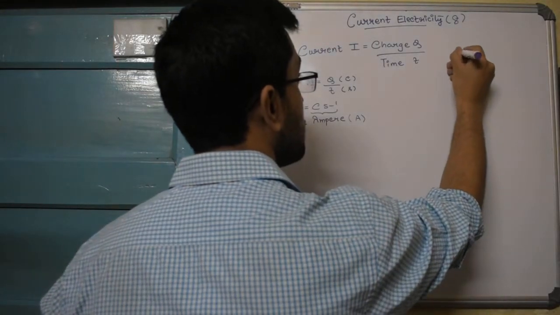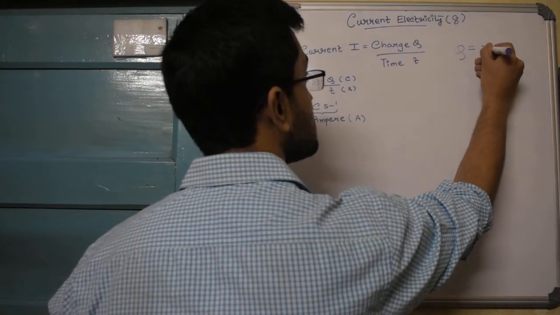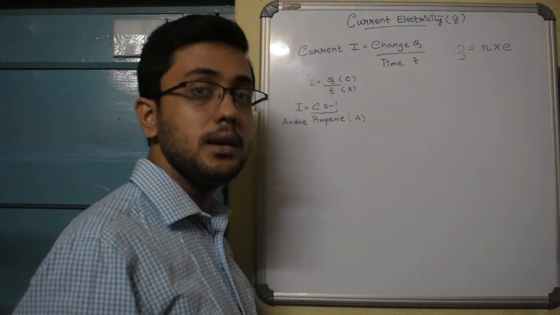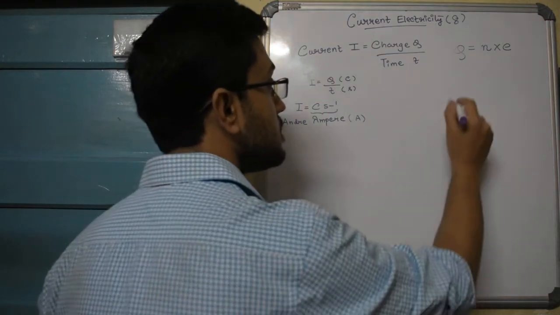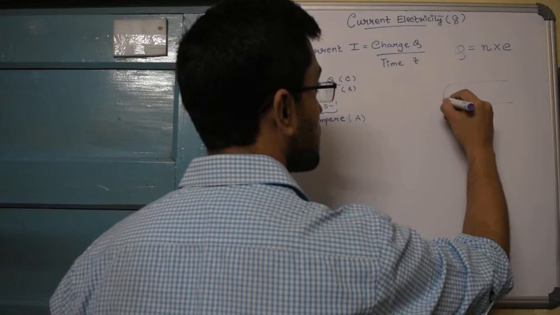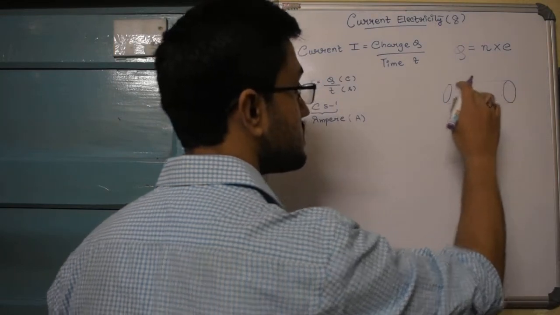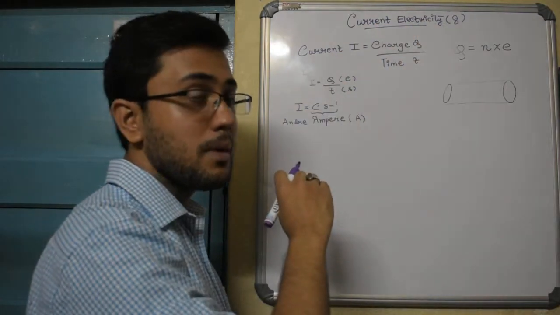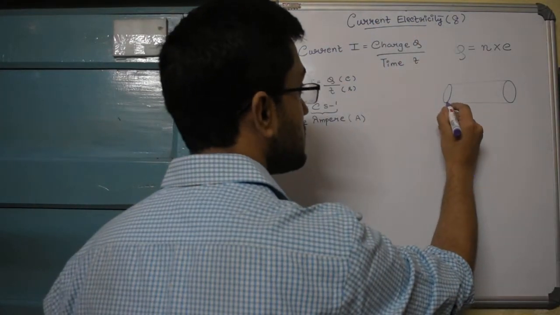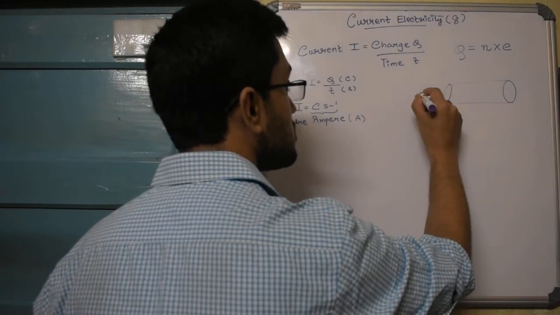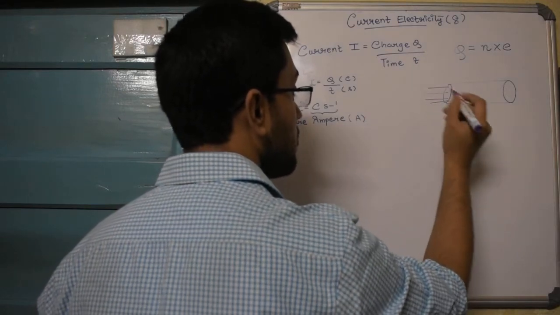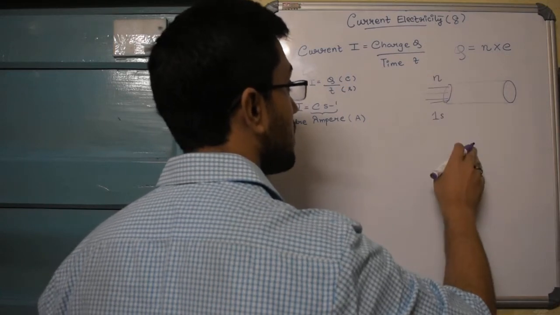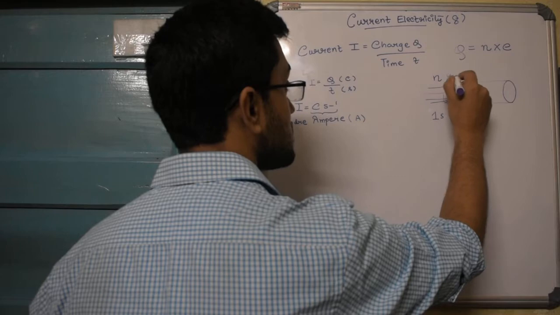Now this can also be written as the charge Q is n multiplied by e, where n is the total number of electrons and e is the charge of one electron. So if I have the cross section of a conductor something like this, say these are the thin wires which we see, and I am drawing a magnified view of that, then through this cross section of the conductor, in every 1 second, n number of electrons are passing through and each of these electrons has a charge e.